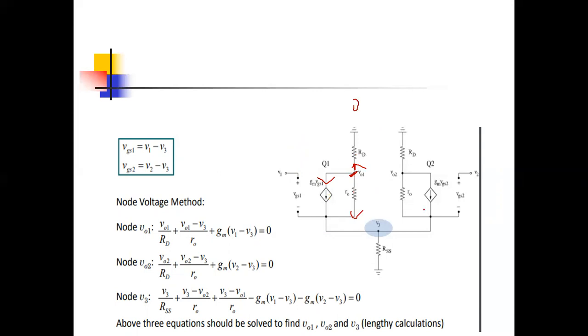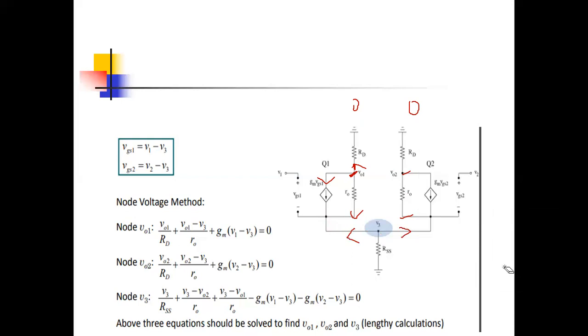Okay, in the same way you will take it at V02: (V02 minus V03) upon R0, plus GM VGS2, plus (V02 minus 0) upon RD. And the same at V3: V3 upon RSS. Okay, now V3 minus V02, one is going here, one is going here.